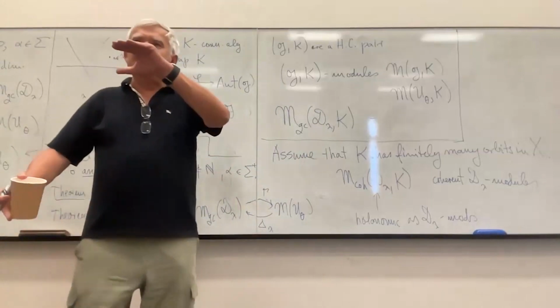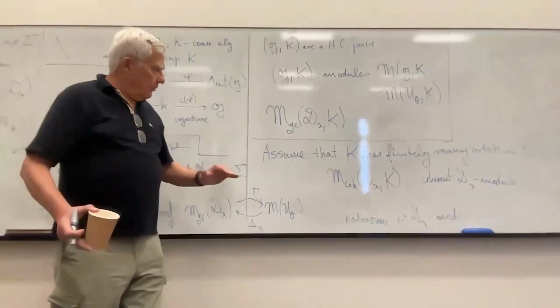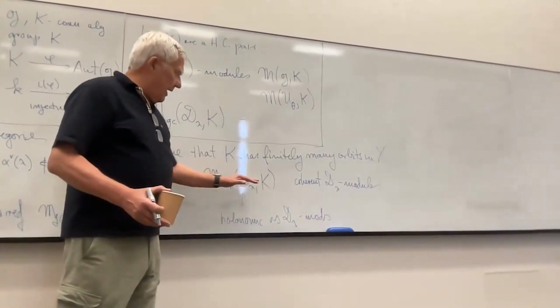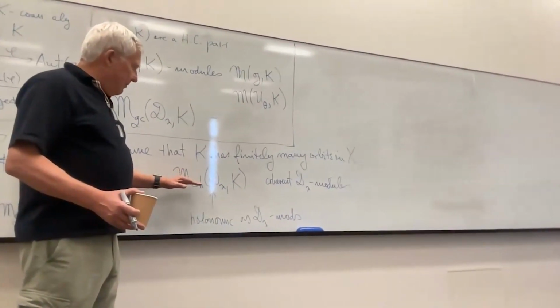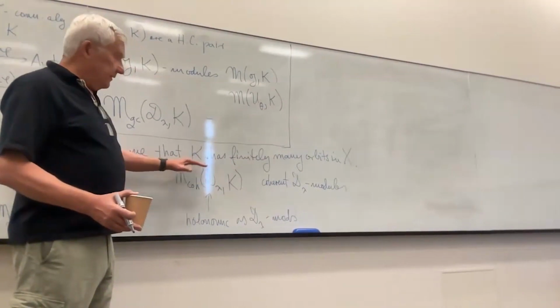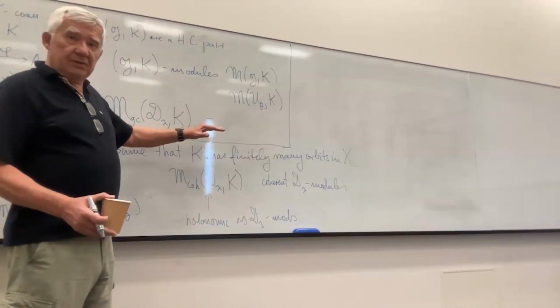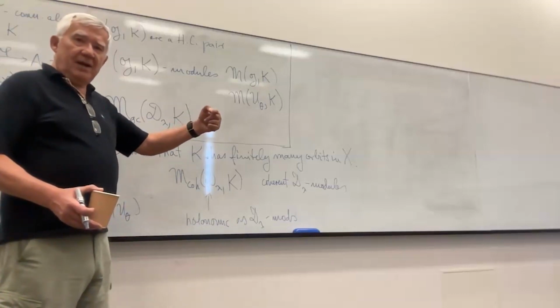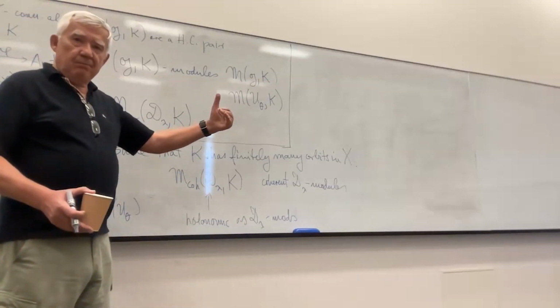Yes, because basically, roughly speaking, this module will have a K equivariant coherent filtration as OX modules. So these pieces under the action of the Lie algebra K will stay put.